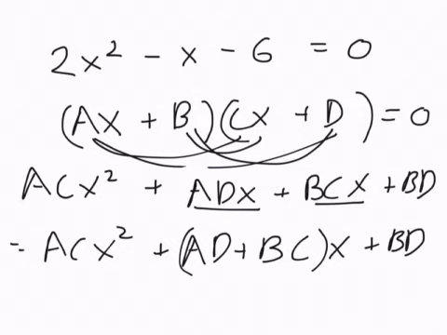Well, let's look at AC equals 2 first. A times C equals 2. The only two numbers I can think of that multiplied together give 2 are 2 and 1. So let's make A equal 2 and C equal 1.